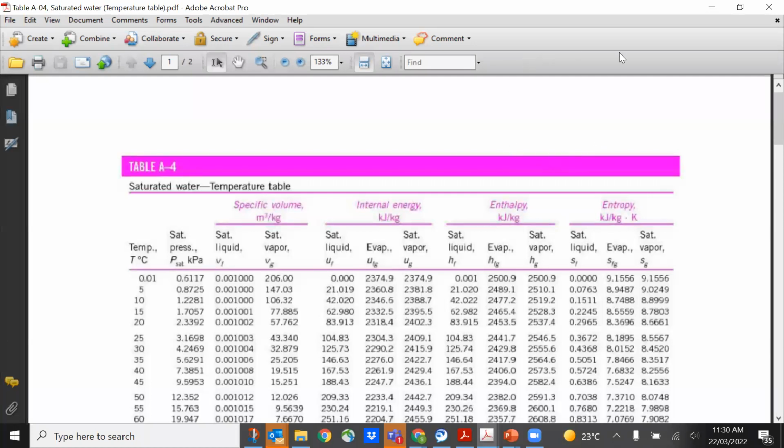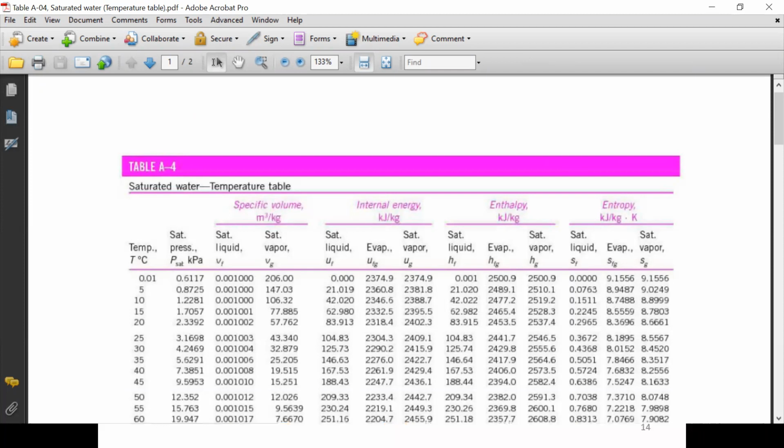As you can see here, the first column of the table represents temperature. If you go downward, you'll have higher temperature. Against each temperature, you find the second column, which is the pressure.